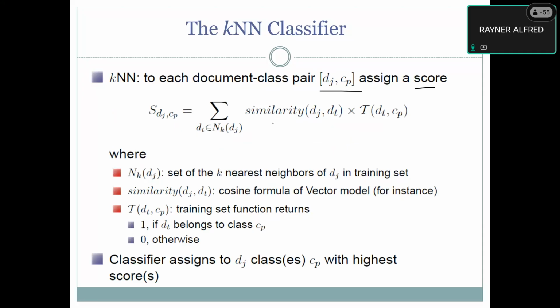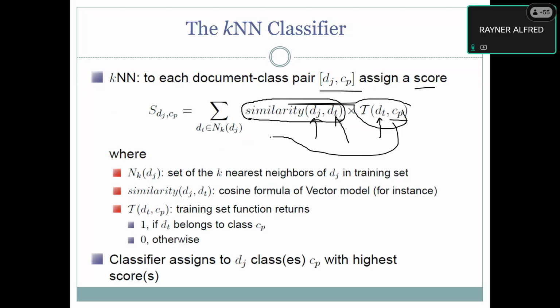For example, here we are looking at the similarity between this document and the nearest documents, and then we take the majority class of the nearest neighbors to be assigned to the document here.